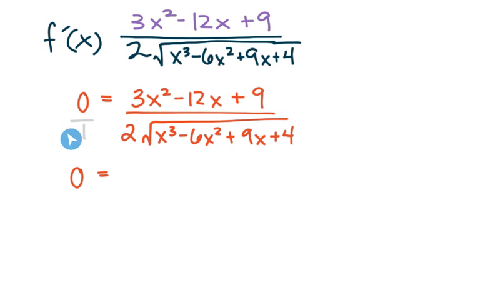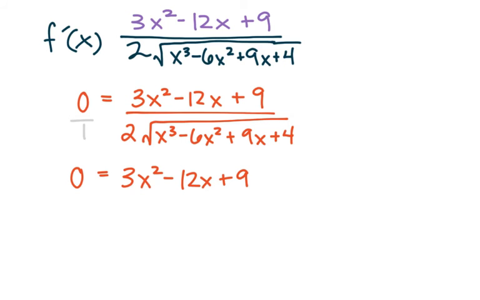And then that equals 1 times the numerator, which gives us 3x squared minus 12x plus 9. So essentially, we just get the numerator equal to 0. And that's going to happen anytime we're solving a rational expression or rational function equal to 0.